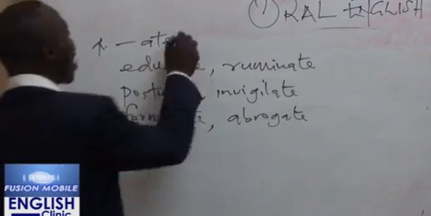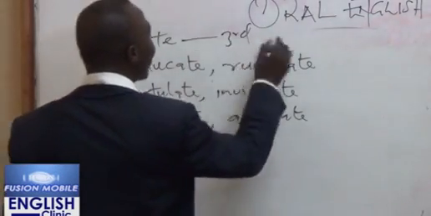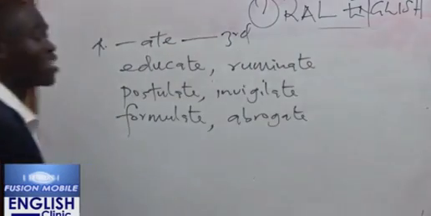So whenever we have polysyllabic words ending with ate, we stress the third from the last syllable.